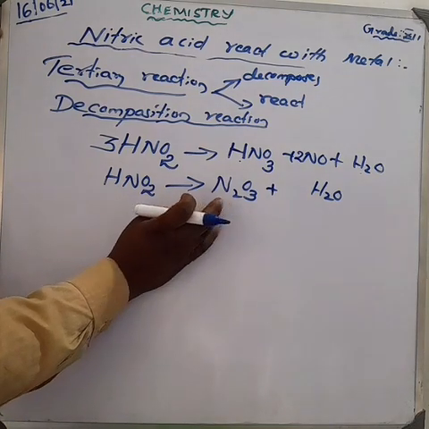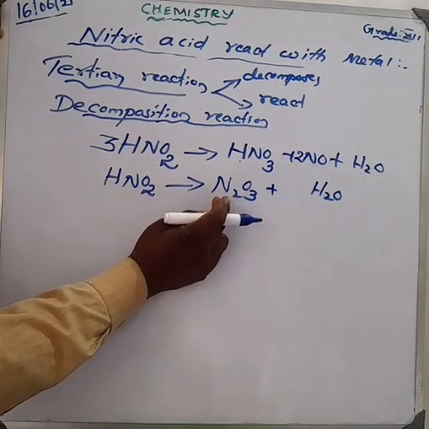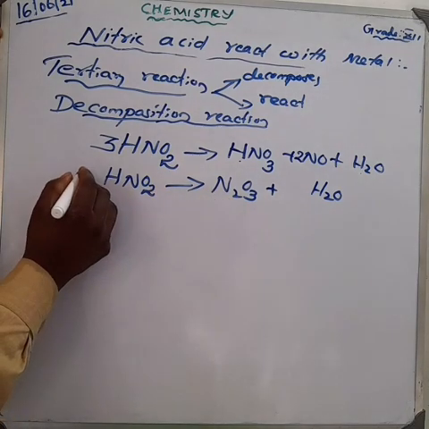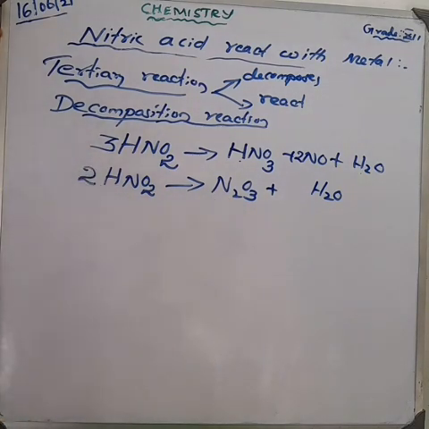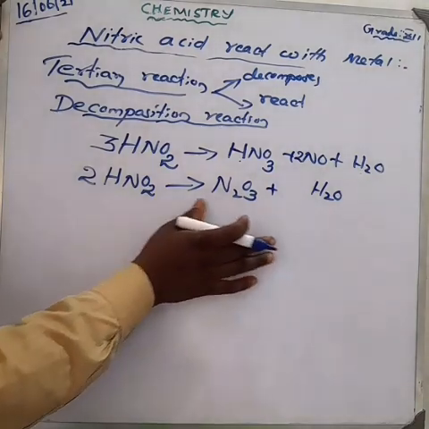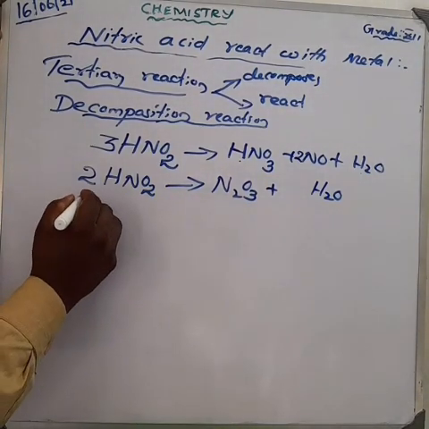So how can you balance the equation? Come to the product side. How much nitrogen are they having, dear children? N2, that means 2 nitrogen. So on the reactant side also make it 2 here. Now the equation is balanced. Yes or no? Next, third reduction product from the secondary reaction I am taking hyponitrous acid.